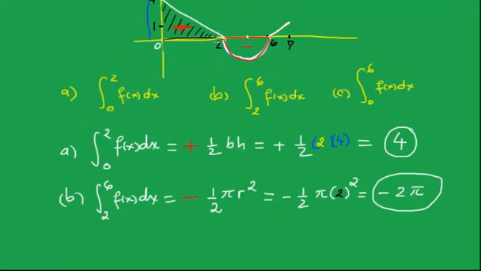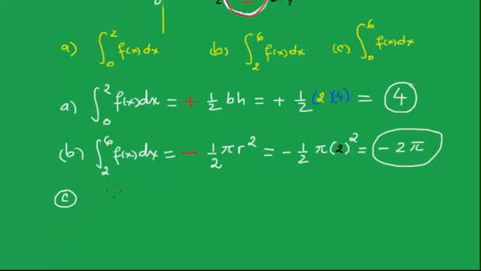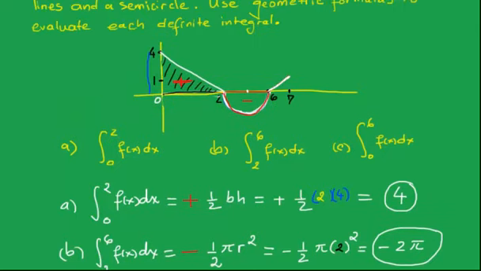Let's go over the third one, C. We have the integral from 0 to 6 of f of x dx. This is equal to what? Now, we want to compute the integral from 0 to 6. And we have two regions.